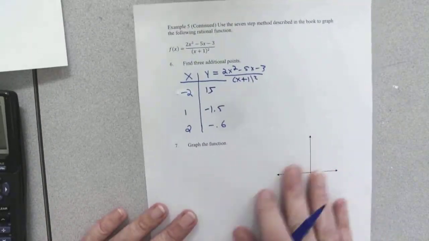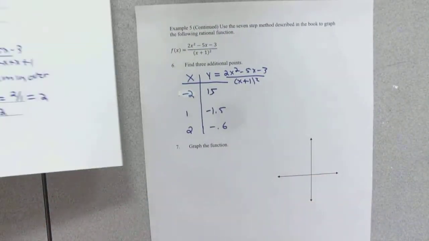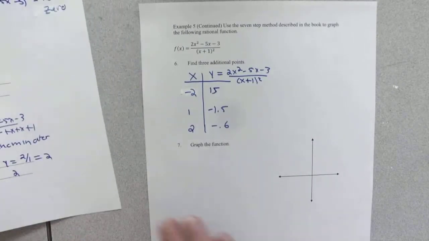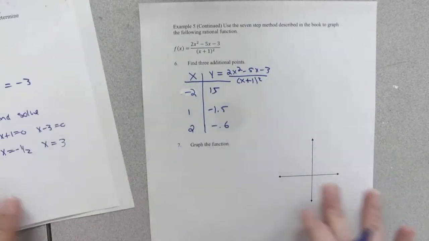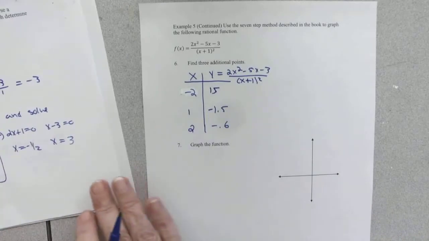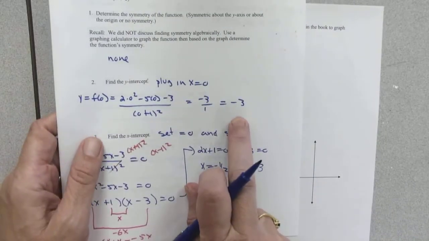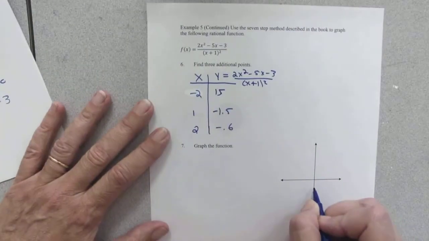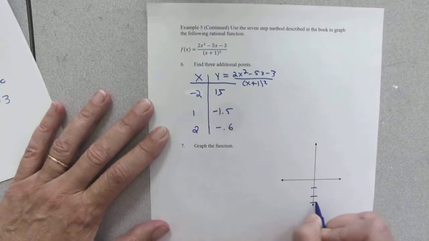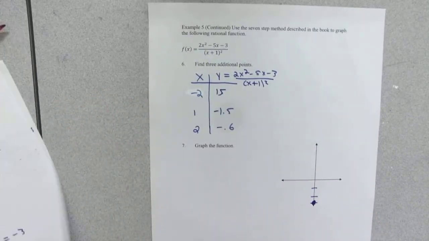Now I put a little axis here to start us graphing, but the idea here is we're going to take all the pieces of information we found and put it on here. So what did we find? We found that the y-intercept was -3. So 1, 2, 3. That was the y-intercept.